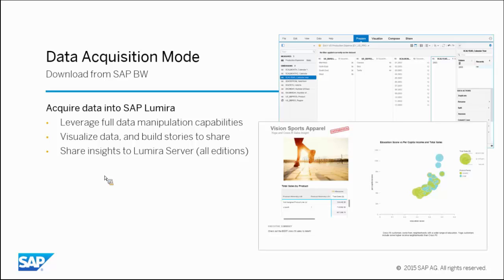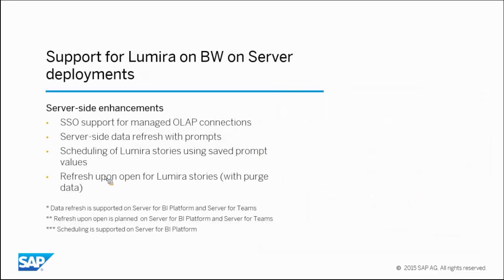Once you are done with your analysis, you can put together the visualizations or insights which you have identified and share them with other users using the Lumira Server deployment options, either Lumira Server for Teams or Lumira Server for BI platform.